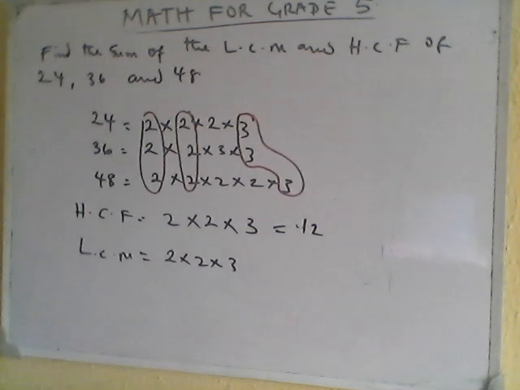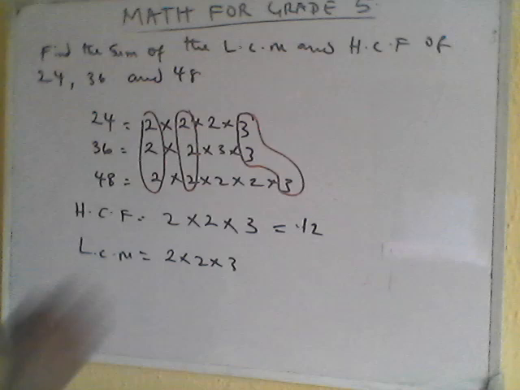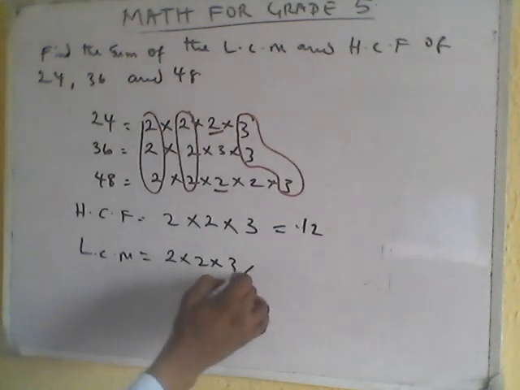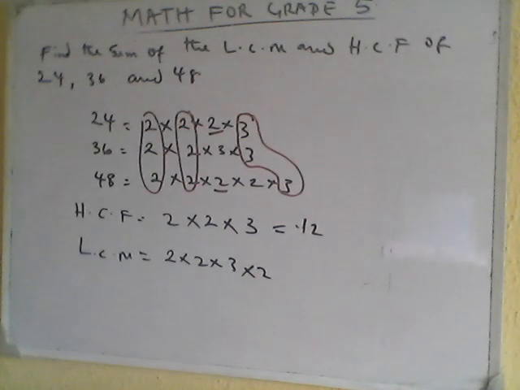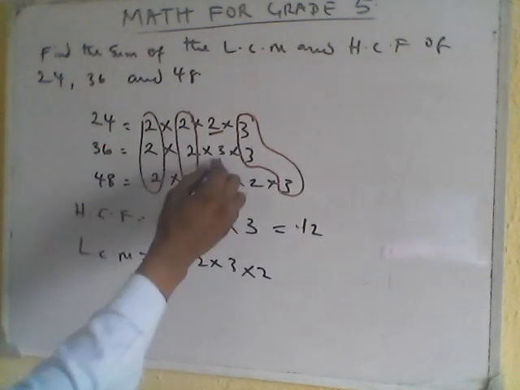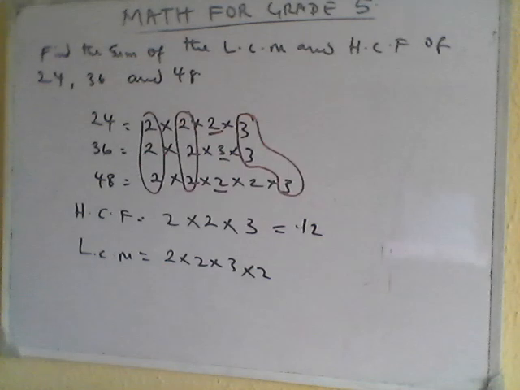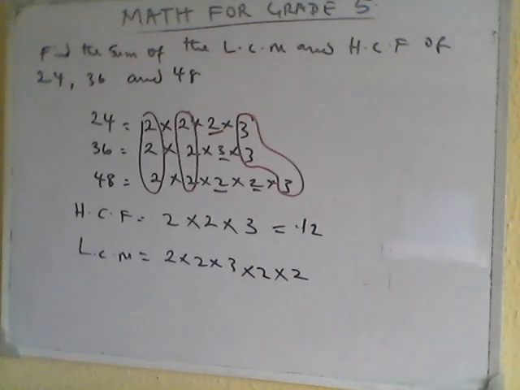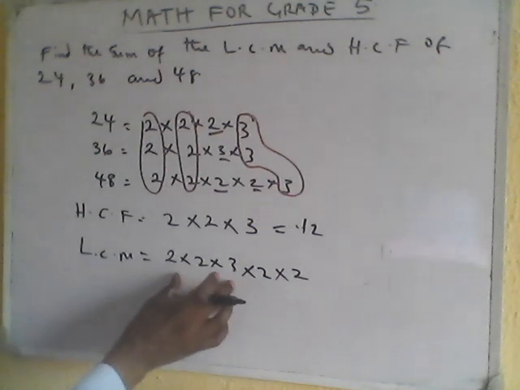Now for the LCM, it is the same thing as this 2 times 2 times 3, because they are common. But for your common ones, I have this and this together, so we add times 2. Then I have a times 3 here, and I have a times 2 here. Okay, so this is it.